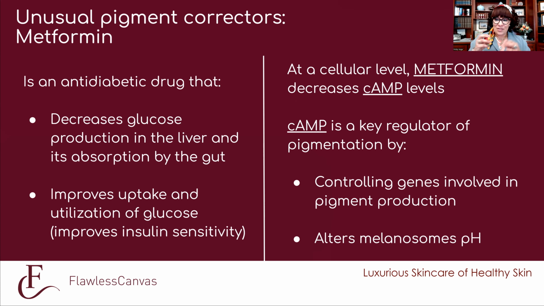As metformin decreases this, it can in theory control pigment production, and it also alters the pH of melanosomes. And this is very important because you need to have the right pH to produce melanin.